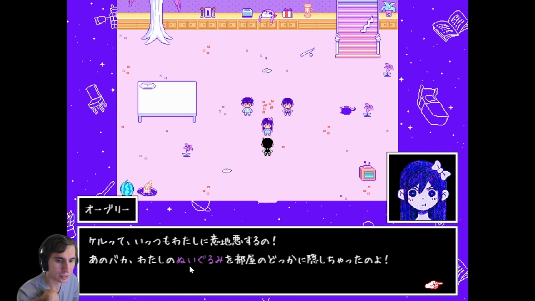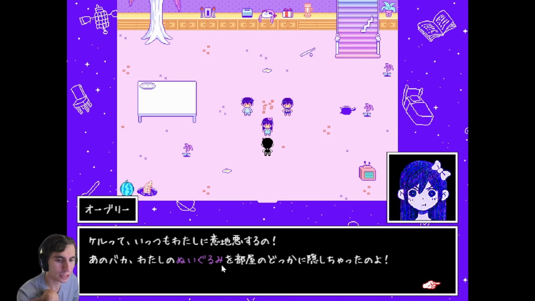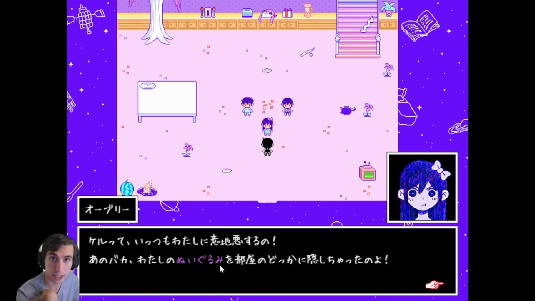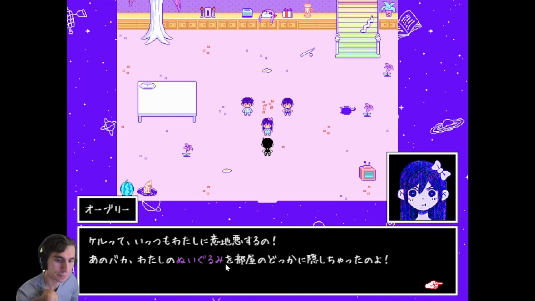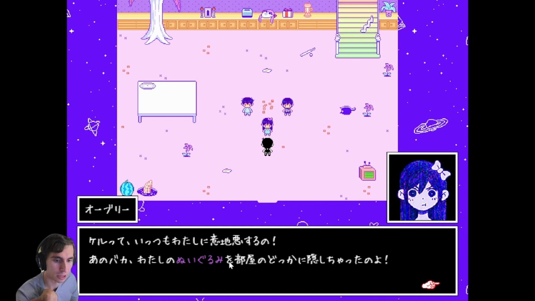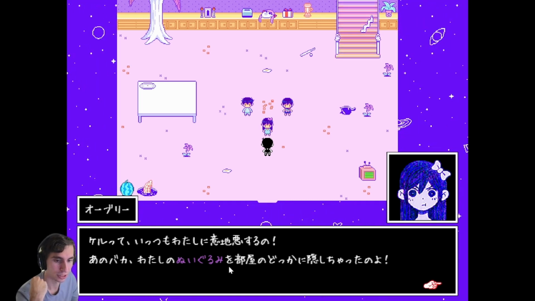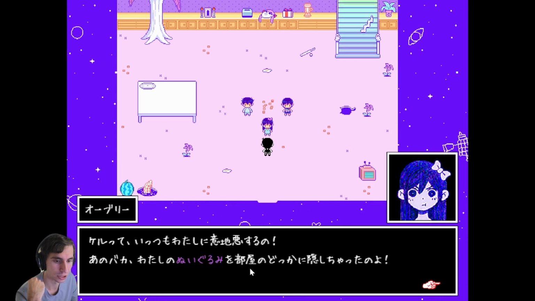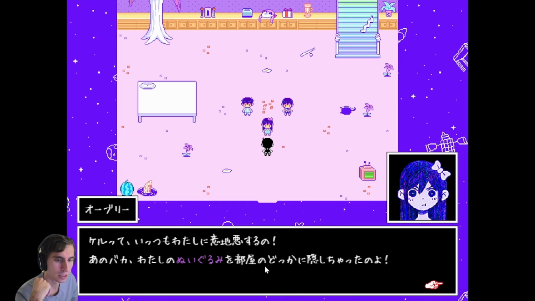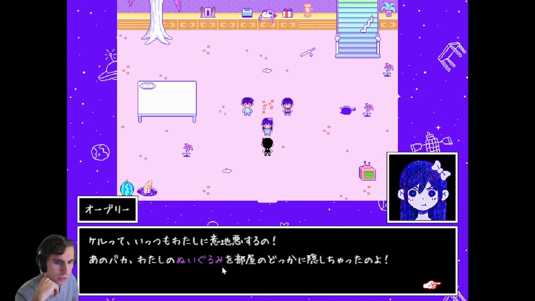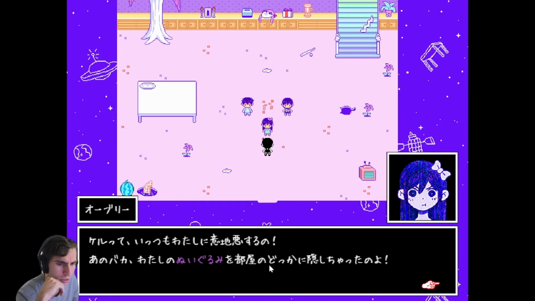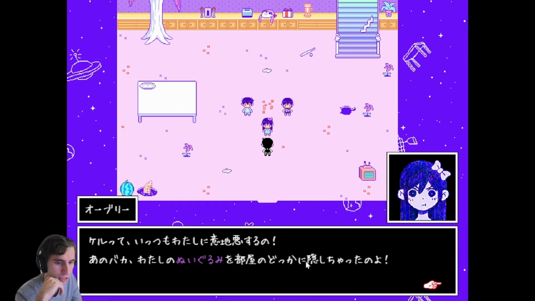Nuigurumi. So, nuigurumi is a stuffed animal or a plush toy. Object marking particle. And then heya is room. So these two kanji are heya, so room. No, so room's, doko ka ni, somewhere.